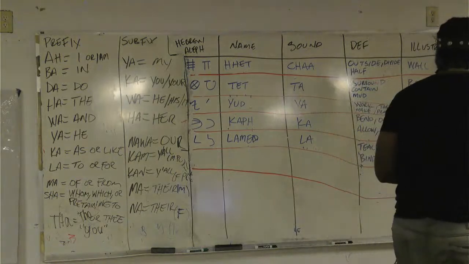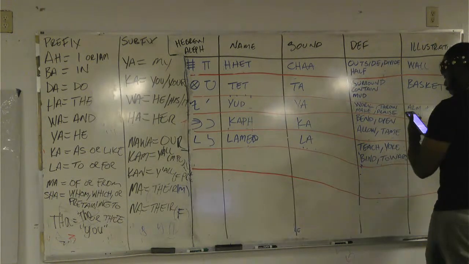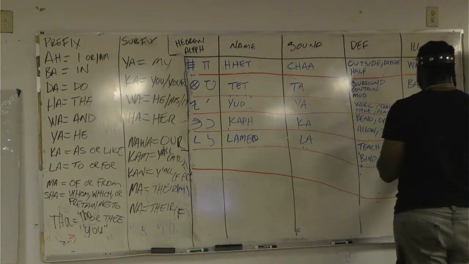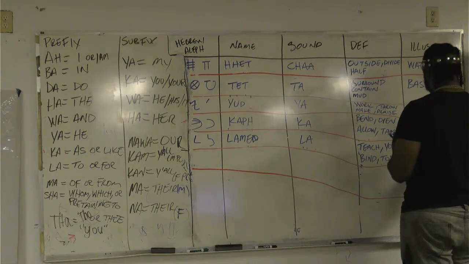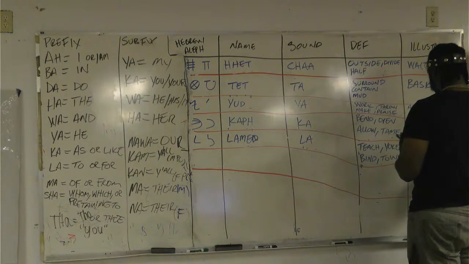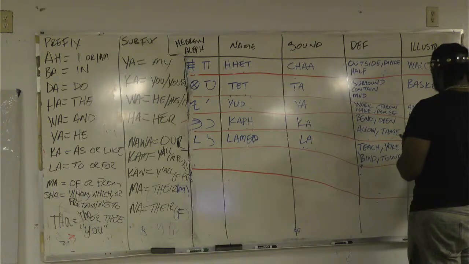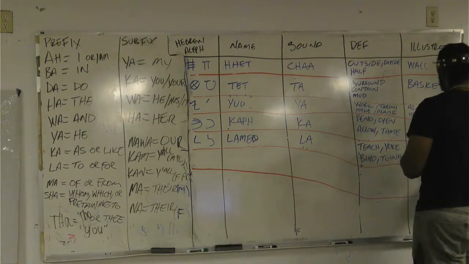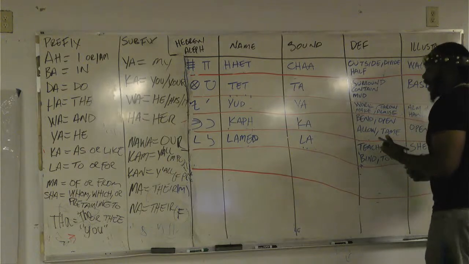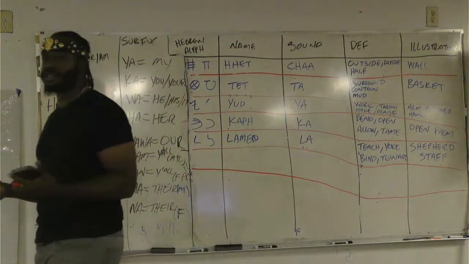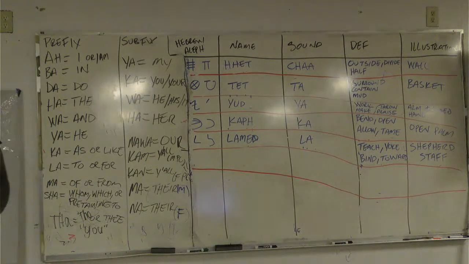And the illustration is a shepherd's staff. So what's the name of it again? Lamed. That's the Yiddish name of the alphabet. But we just name them by the sounds.